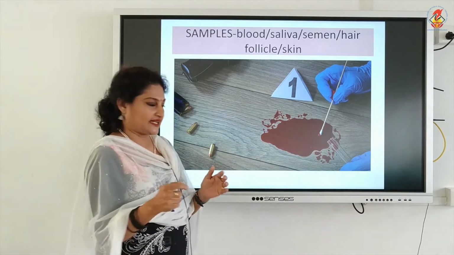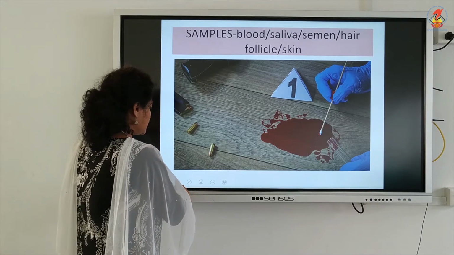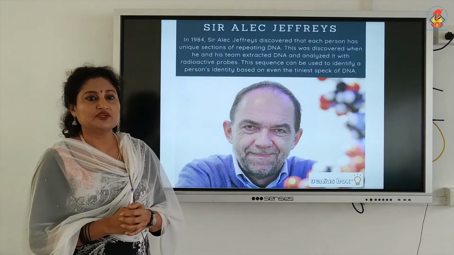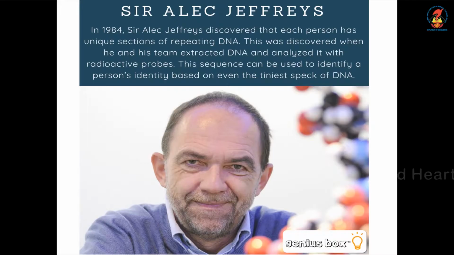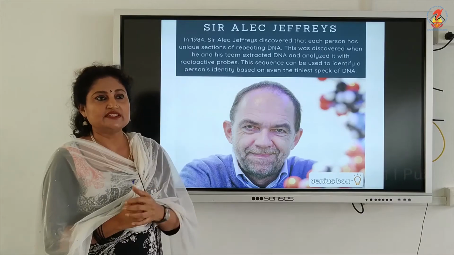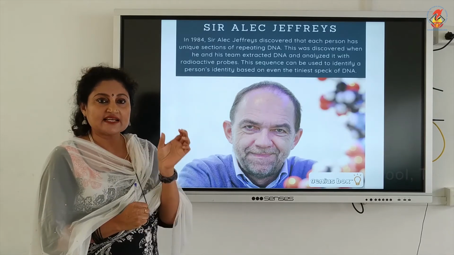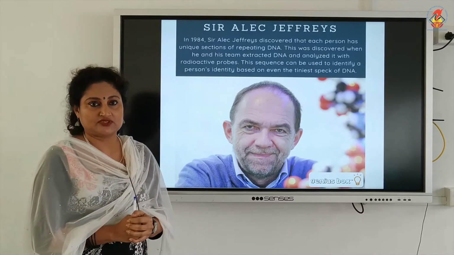It was around this time, a professor in England, Sir Alec Jeffreys, was doing studies in his lab. He was investigating the inheritance of hereditary diseases in families, and he noticed a certain segment of the DNA which was very unique called repetitive DNA. In that sequence of DNA, a small stretch of DNA was repeated many times.